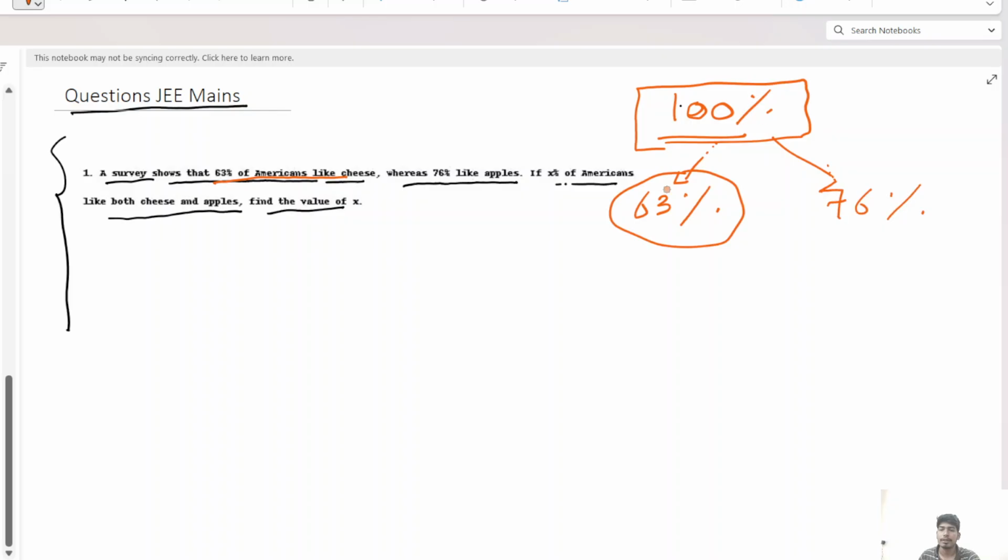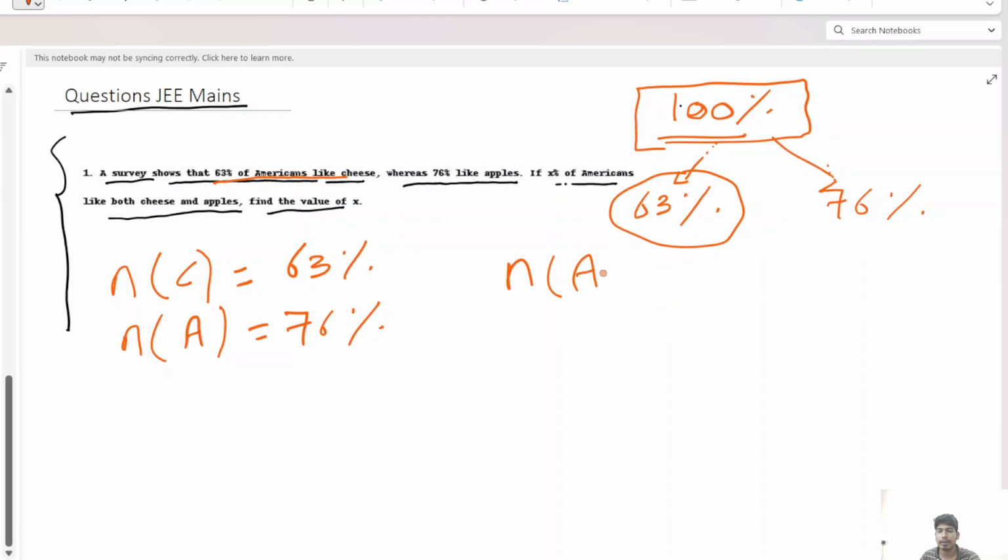So let the number of people who like cheese be 63% and the number of people who like apples be 76%. What is given is that the union of these is 100%, because the total population is 100%. Then we have to find the people who like both cheese and apples.